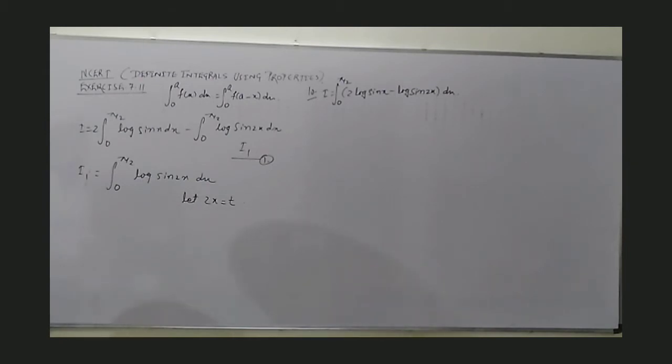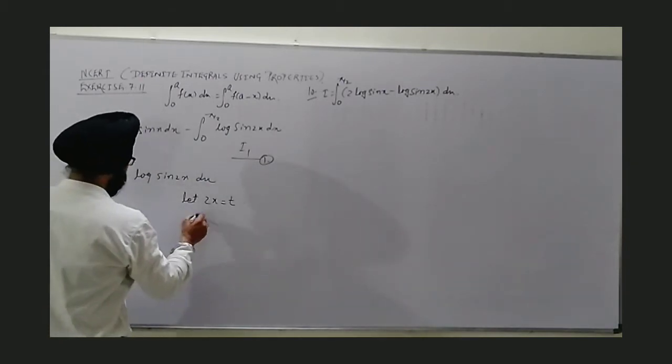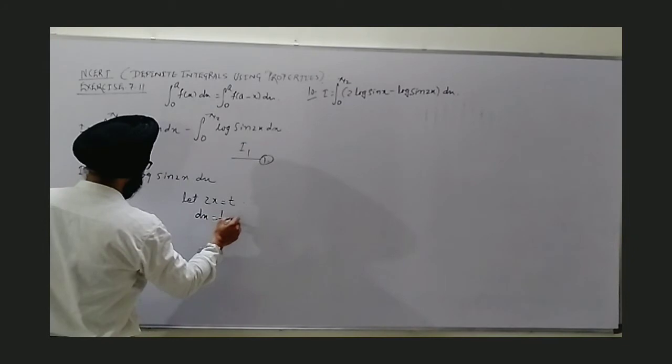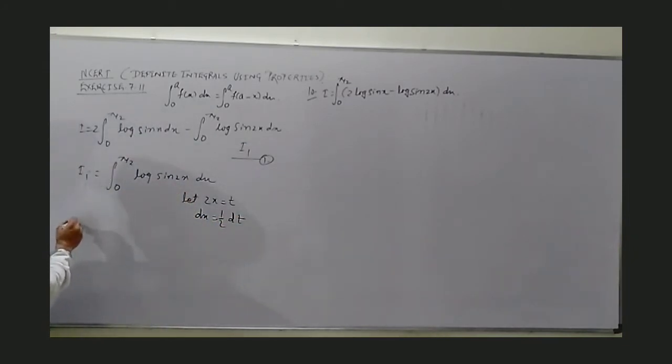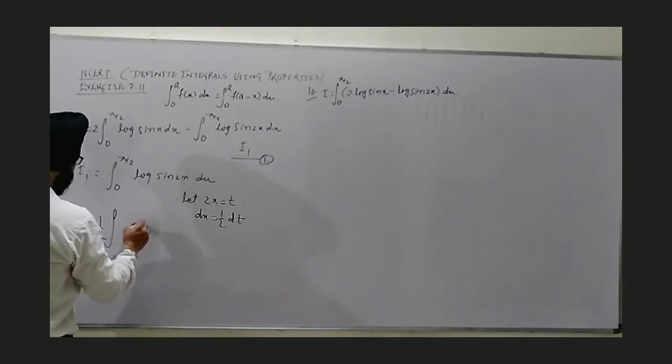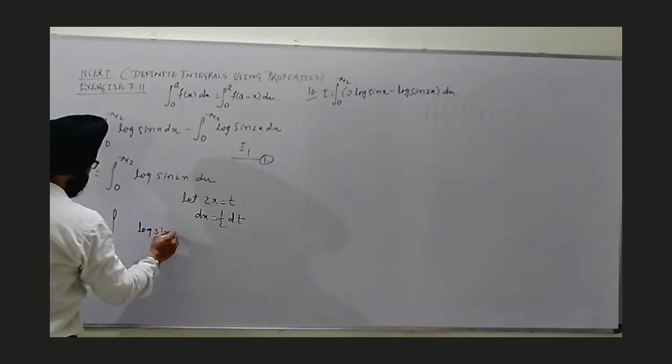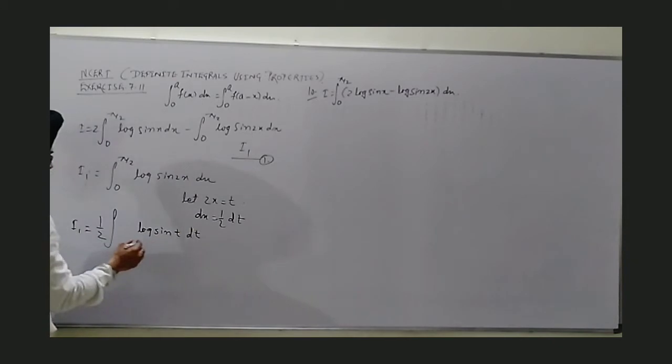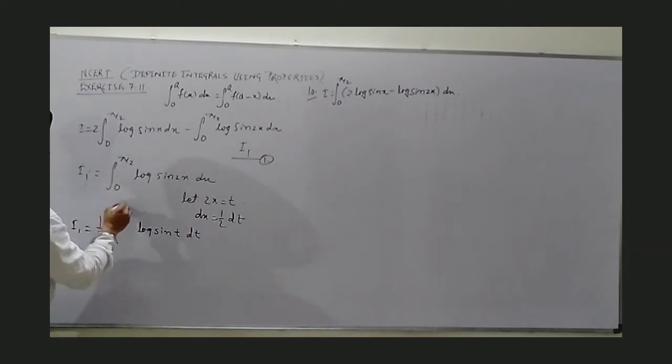Here first I will apply it. So I find that dx becomes half dt for sure. So I1 we will write as half the integral of log sin t dt. But for the limits, if I take 0, t also is 0, and pi by 2 becomes pi.